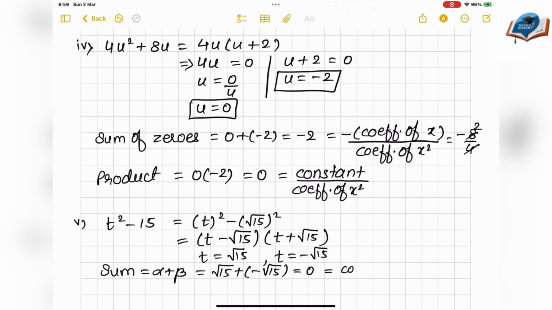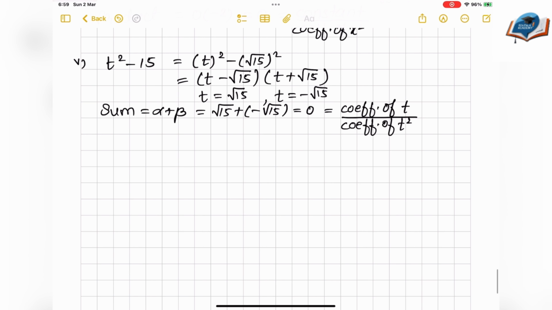So equal to coefficient of t. See here, coefficient of t term is not there upon coefficient of t square. So I can write 0t. So I got my answer. And product will be alpha beta, which is equal to root 15 into minus root 15.